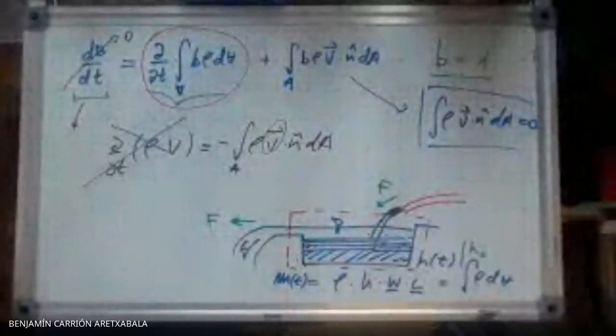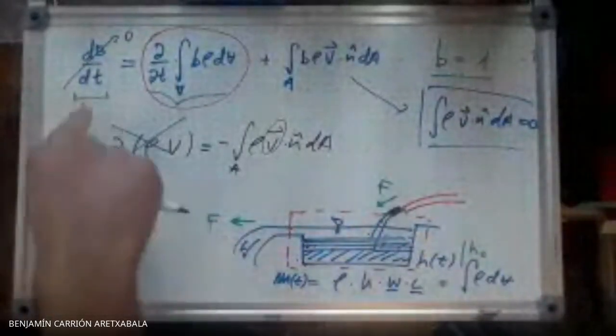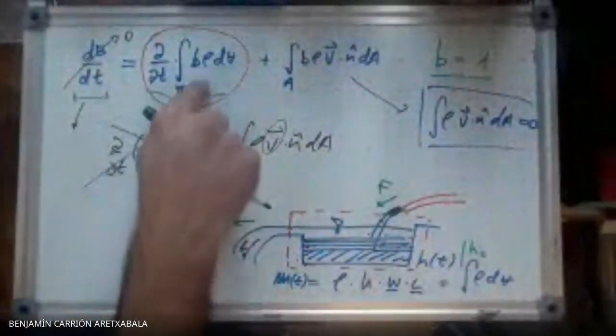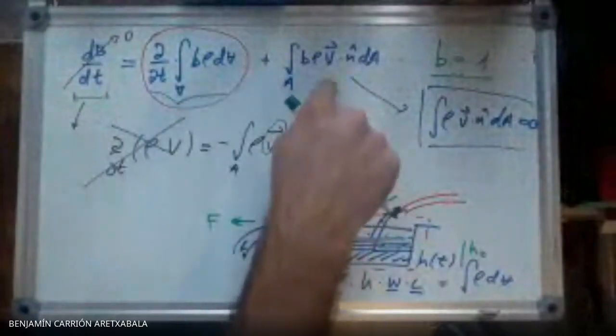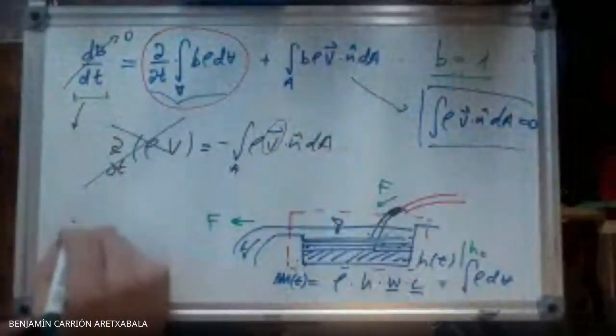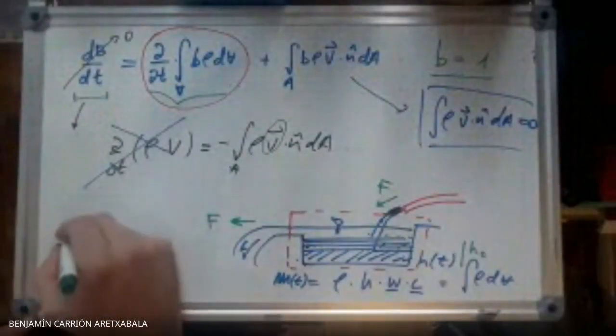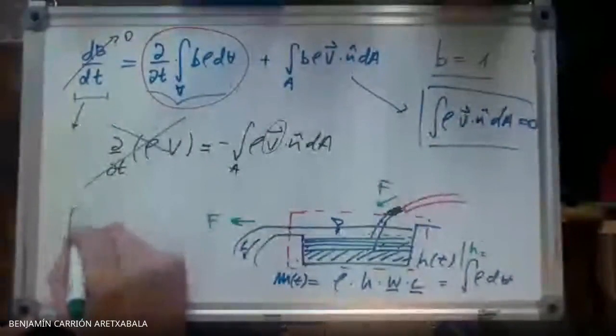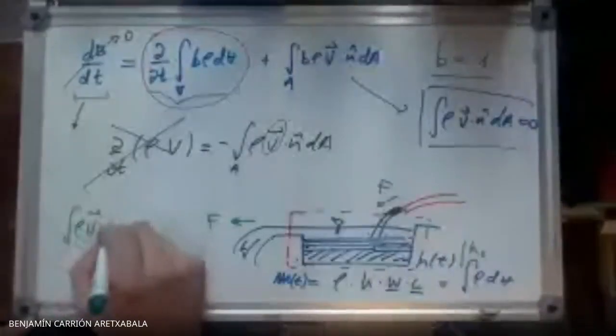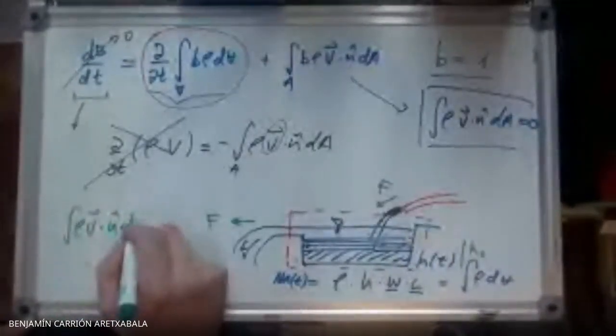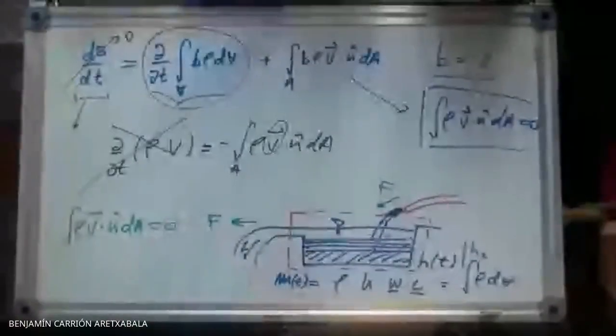It has to be the same, right? Because this is not changing, so this is 0. So all the fluxes through the boundaries have to be 0. And formally that means that the integral of rho v dot n over your area has to be 0.